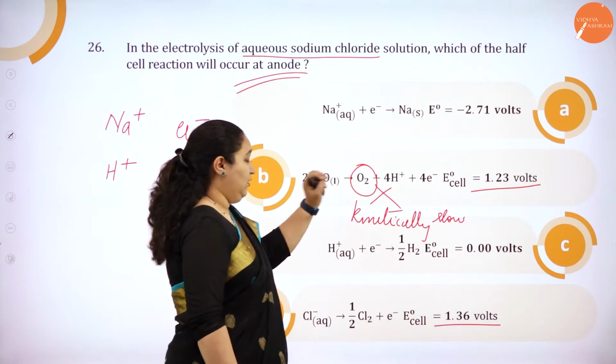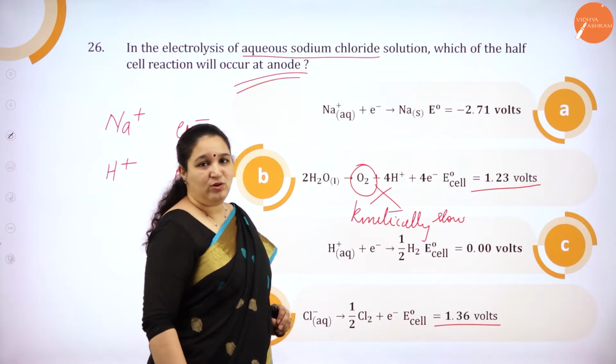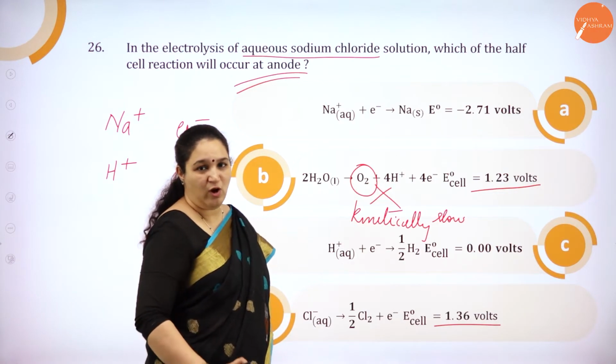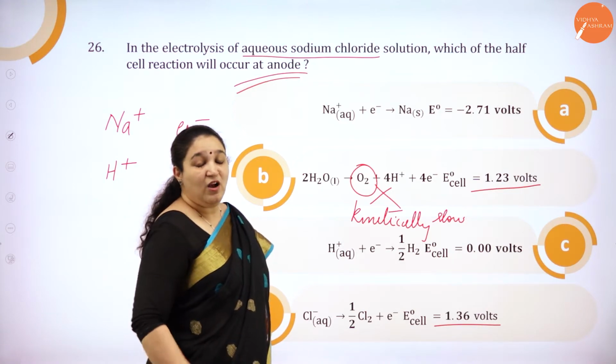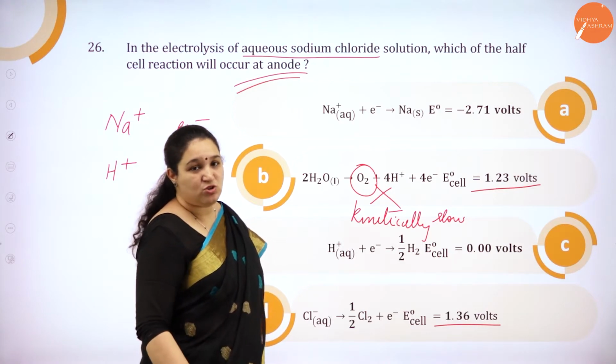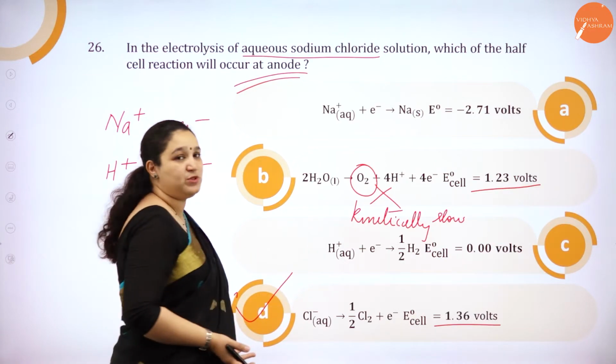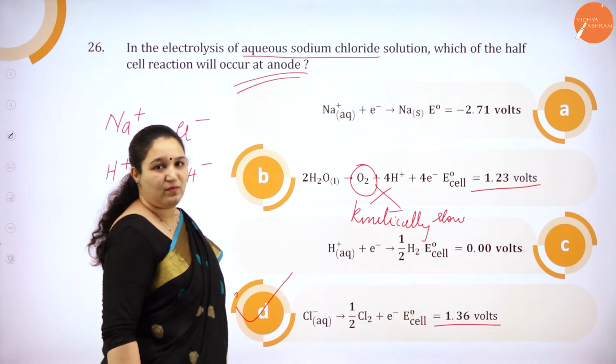To get oxygen at anode, overpotential is required. This potential will not be enough for oxygen to be liberated. So of course, which will get liberated? Chlorine will get liberated. So option D is the correct answer.